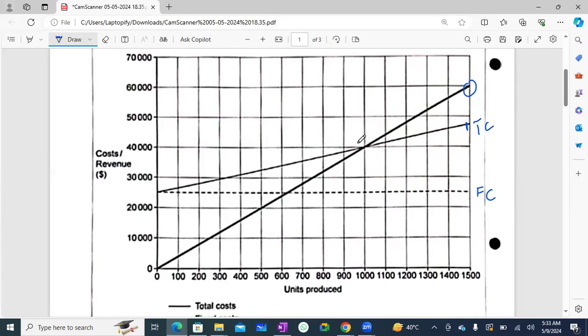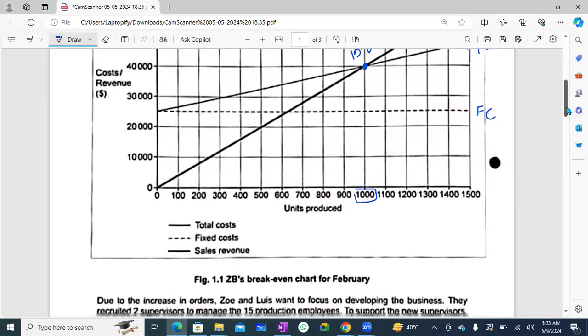So if we find out where the break even point is, we know that wherever the cost and the revenue intersect, this point is called the break even point. So it means that the break even point is 1,000. So if they are selling 1,000, they will be making neither profit nor loss.